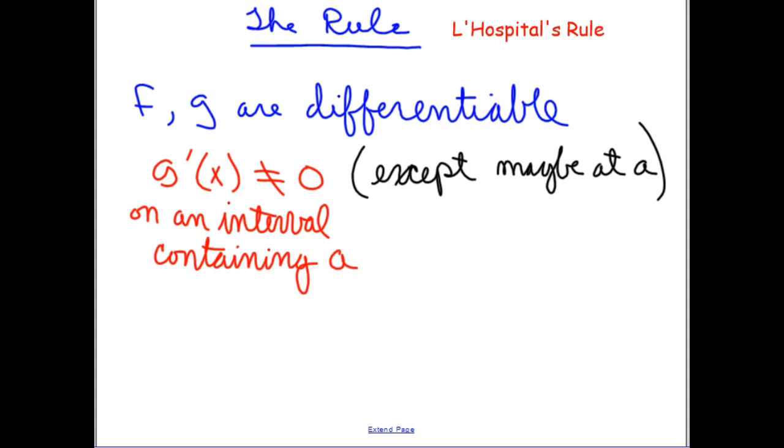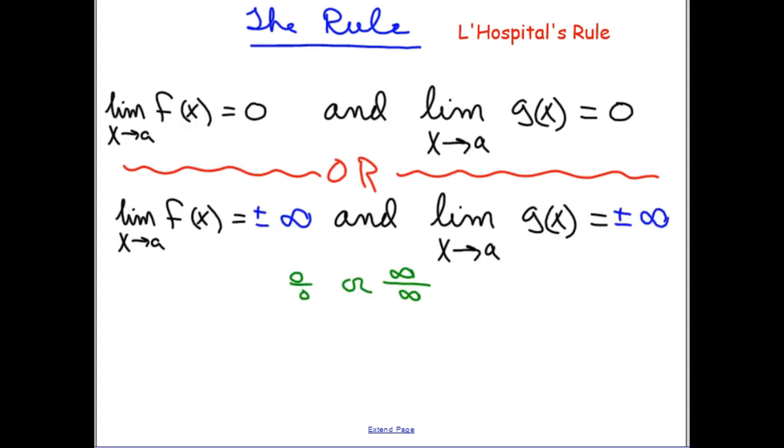So the derivative can at some point be equal to 0, possibly at a, but not everywhere. So here's the actual rule. Nope, not the actual rule yet. Sorry, I was ahead of myself.